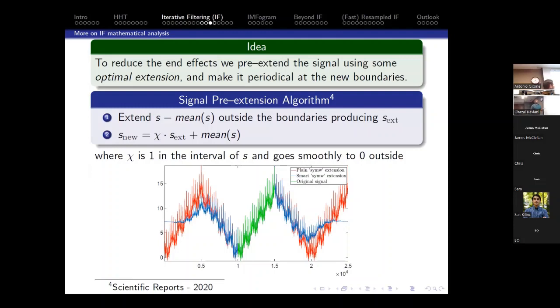Okay, and you can use this kind of extension on any technique: wavelet, empirical mode decomposition, or iterative filtering itself.